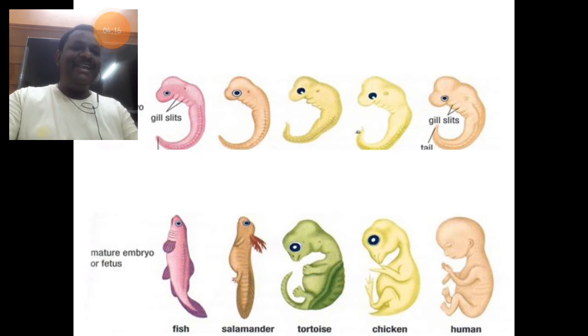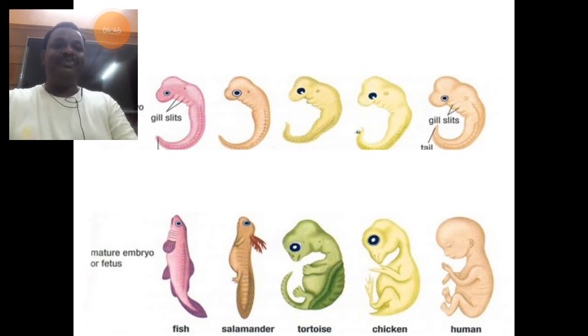That is what you find in the slide, right? In the first row, you find the embryos of different organisms. In the second row, you find the organisms related to them, the adult organisms or the fetal organisms. Never there is resemblance in the second row, but in the upper row, we find the resemblances. This is what we call it as embryological evidences of organic evolution.